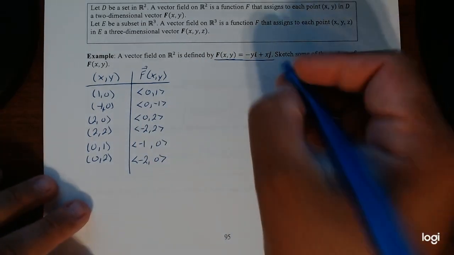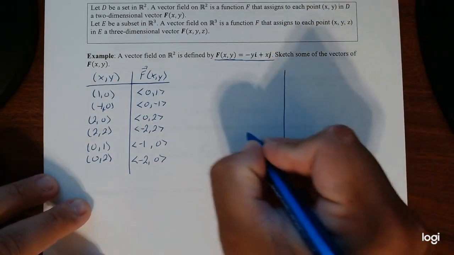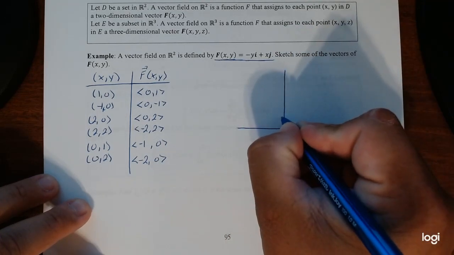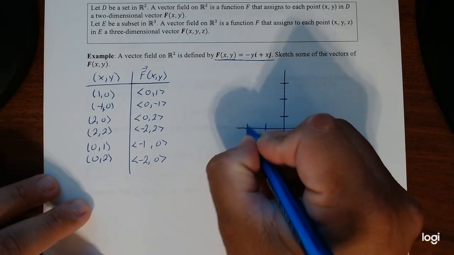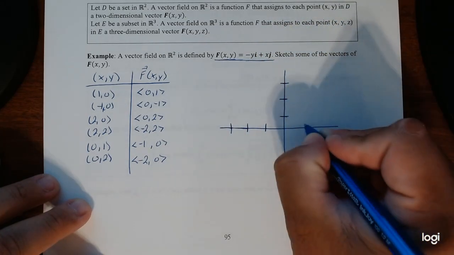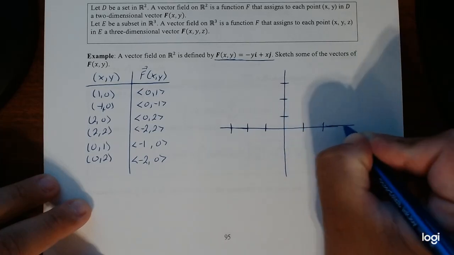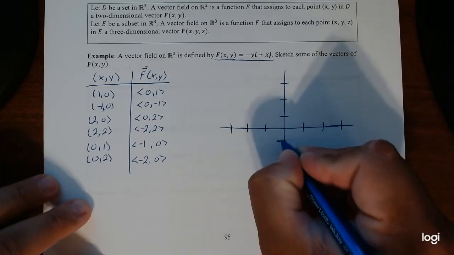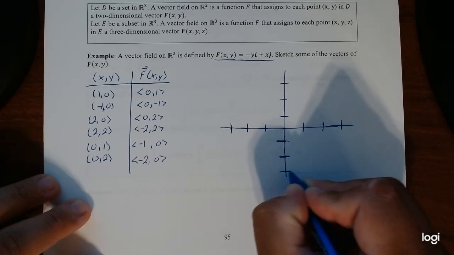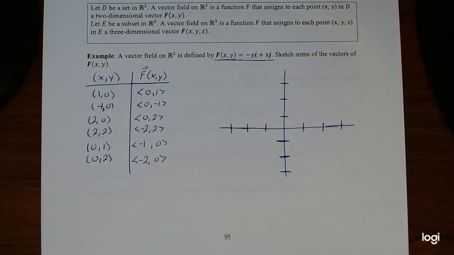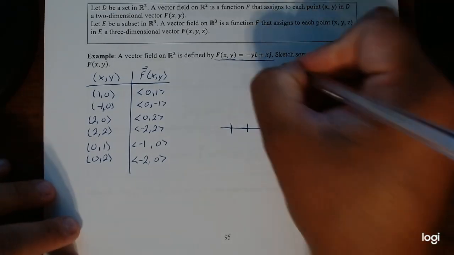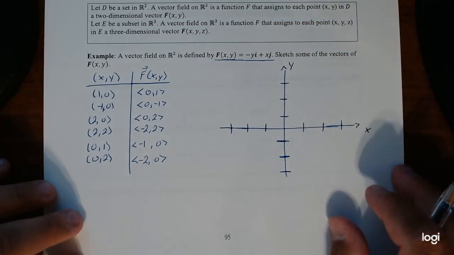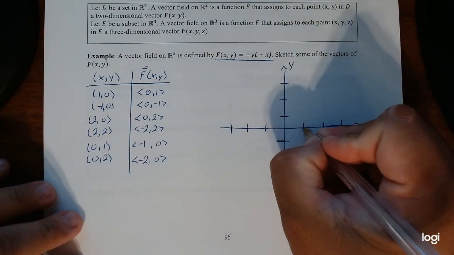Okay. So how do these look? First we're going to graph the point 1, 0. So 1, 0 right here.